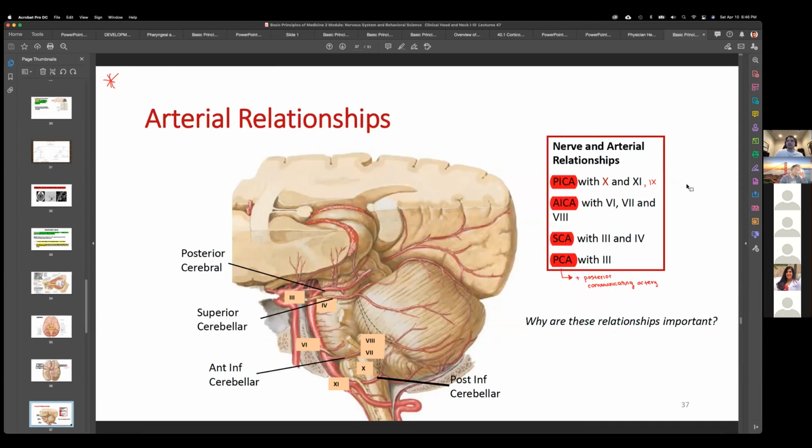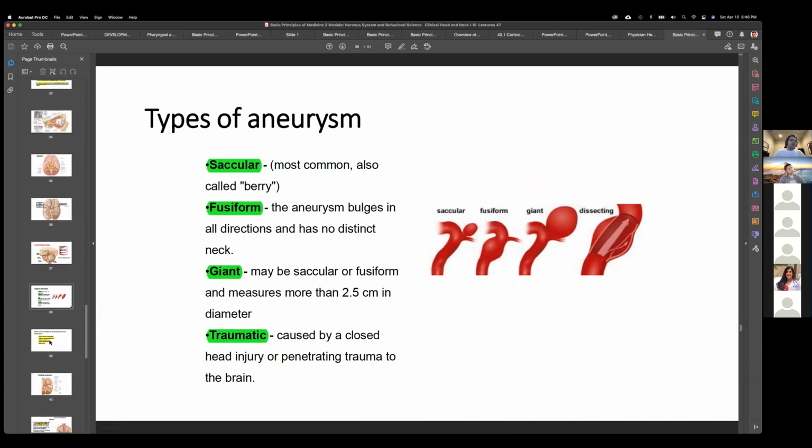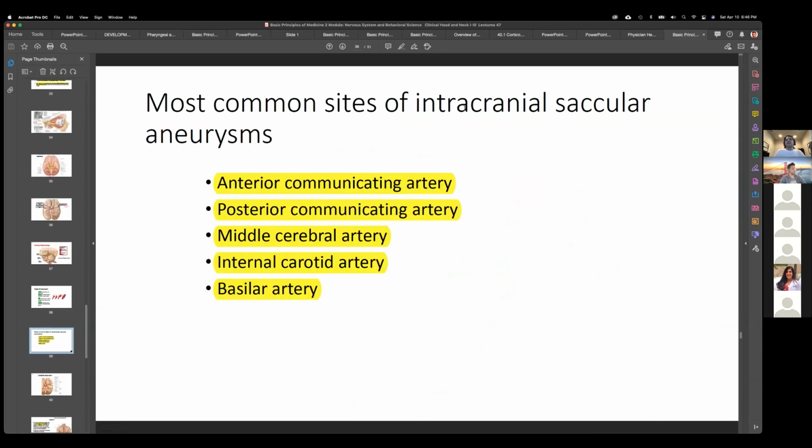Not super important, but they're not terribly difficult. Saccular is going to come off. Fusiform goes all the way around the vessel, and giant is kind of like a big saccular one. And then dissecting goes through. Typically, you look at those when you talk about Marfan's and the abdominal aorta.